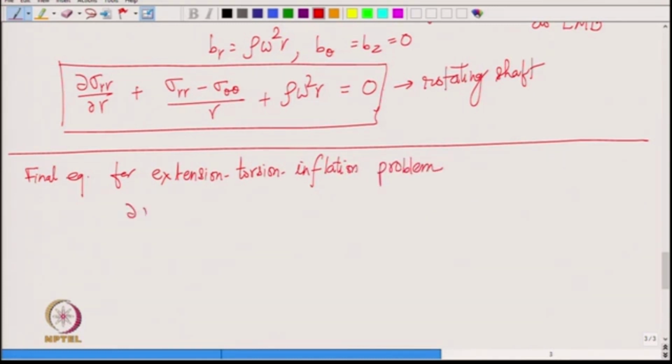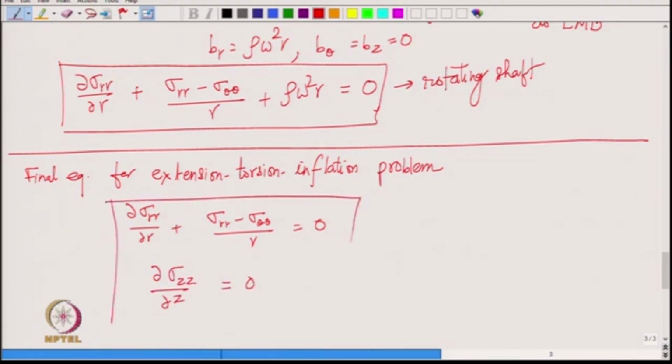We have del sigma_rr over del r plus sigma_rr minus sigma_theta theta over r equal to 0, and the theta equation is completely 0, but the last one is del sigma_zz over del z equal to 0. So, this is a reduced equation, and we would solve this to obtain all the stress components.